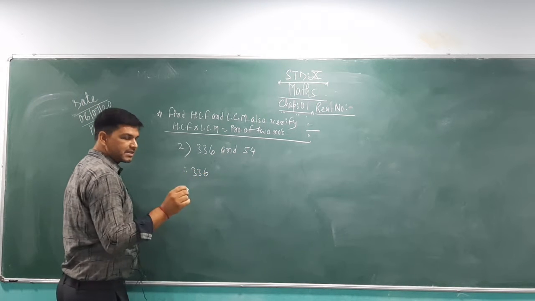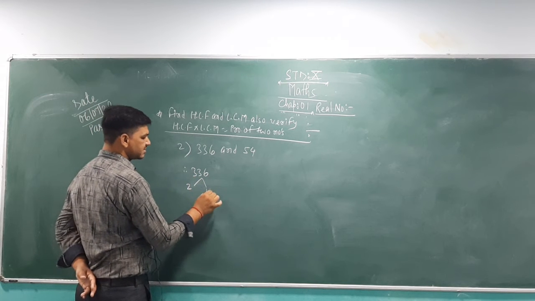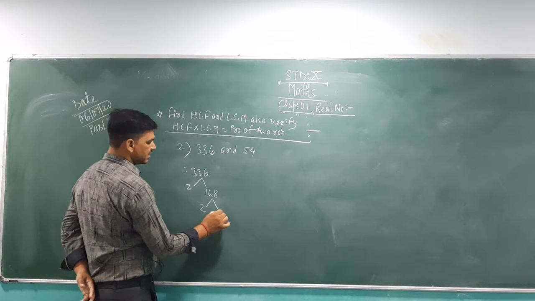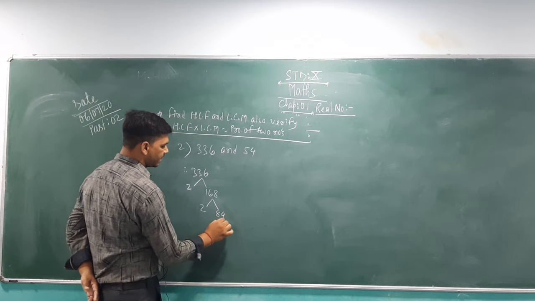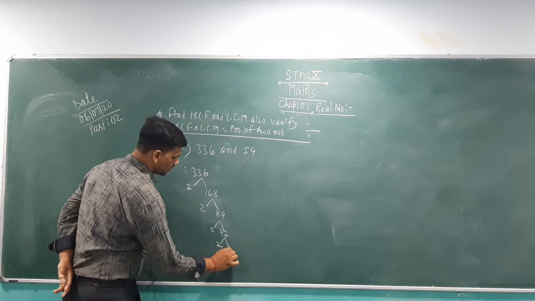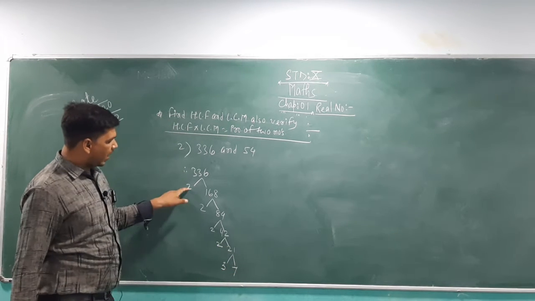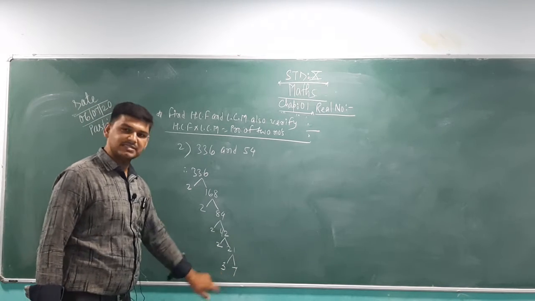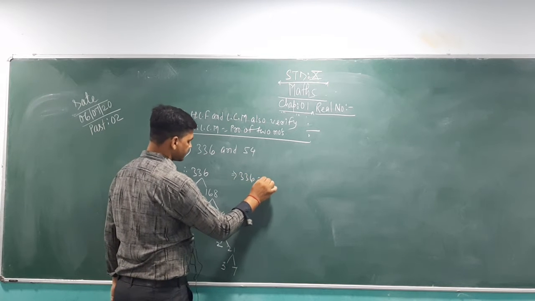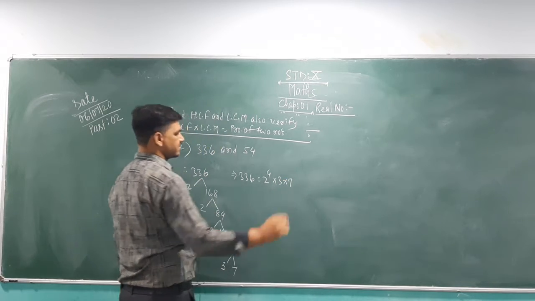If you don't know how to find the prime factors, we will use this method. 2 into 168, 2 into 84, 2 into 42, 2 into 21, then 3 and 7. You see 2 four times, and 3 and 7. So if I want to write it out, 336 is equal to 2 raised to 4 into 3 into 7.